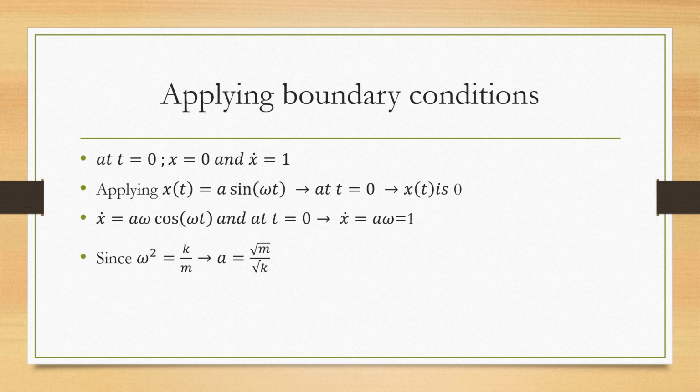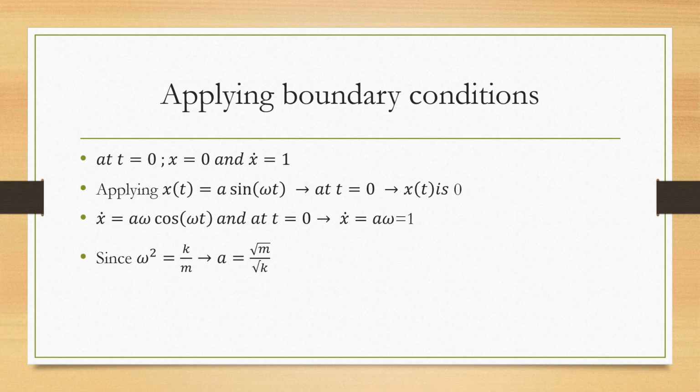The next step is to differentiate the displacement function. You get A omega cos omega t. And that first derivative when t is equal to 0 is equal to 1. So cos 0 is 1. So A omega equals 1 and A is equal to 1 over omega. So we get the solution fully defined.